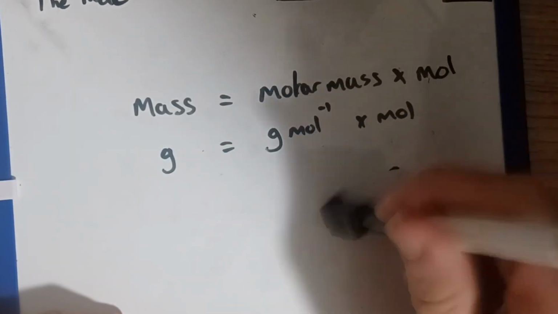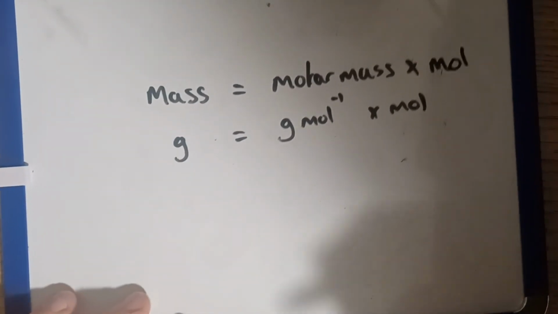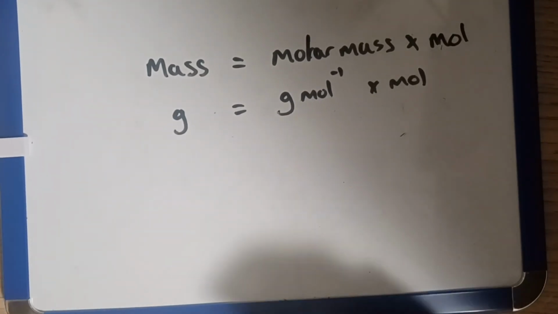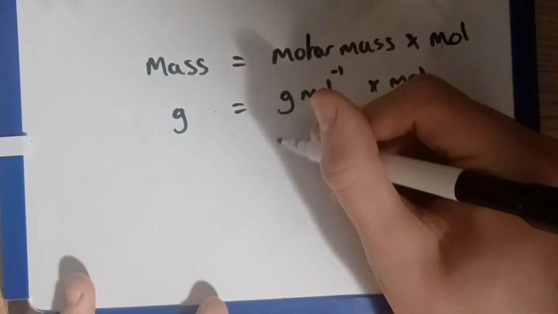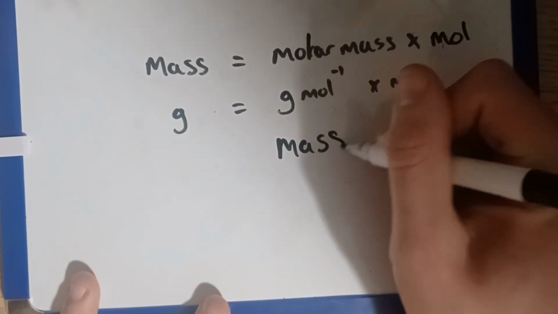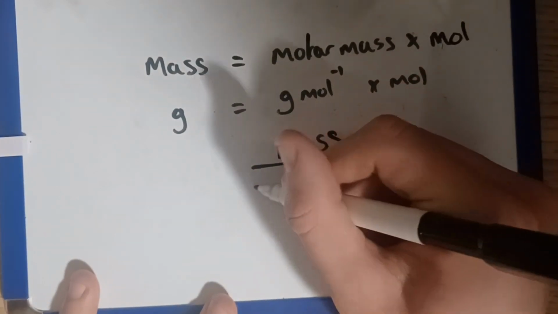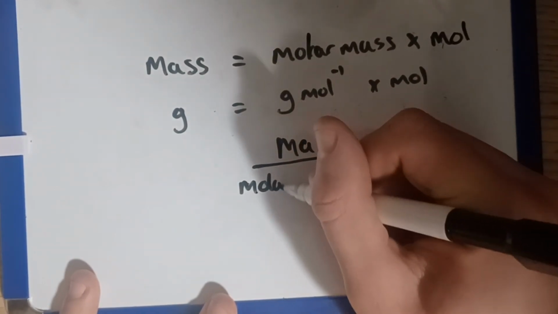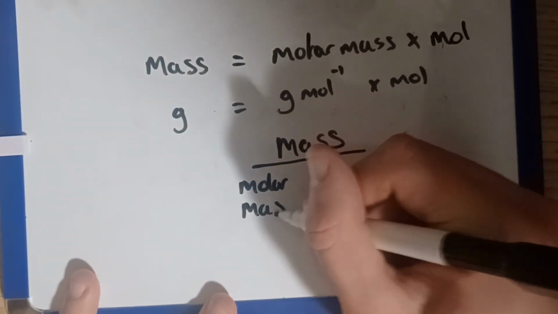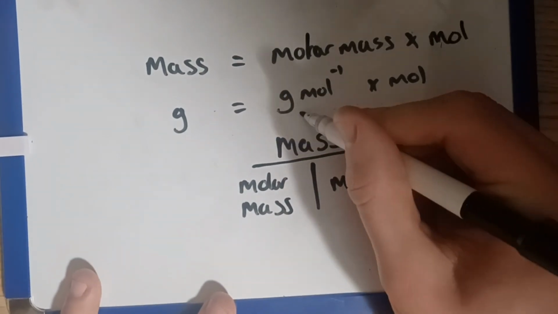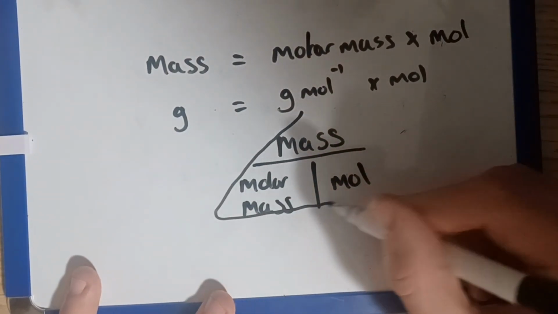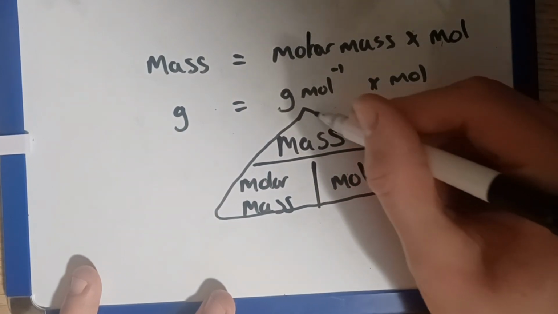Another way I like to remember it by is a triangle. I've always learnt by the triangle. I will be caught dead if I'm not using a triangle. So all it is again is just mass, molar mass, mole. It's a very large triangle, I'm aware.